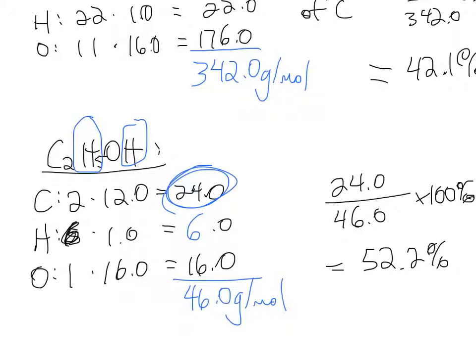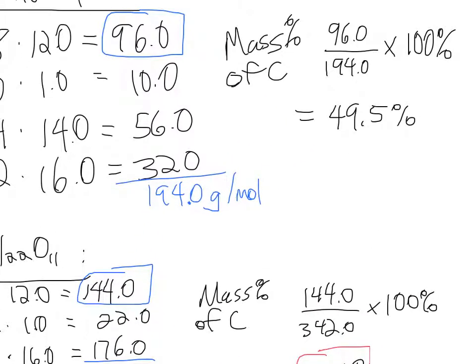So let's review. We've got ethanol at a mass percent of carbon of 52.2. We've got sucrose with a mass percent of 42.1. And we've got caffeine with a mass percent of 49.5.